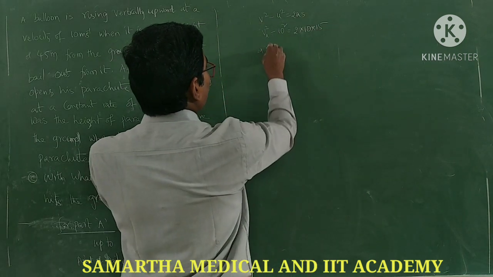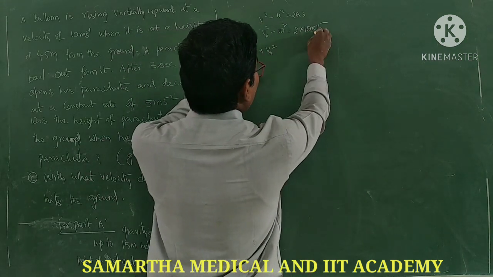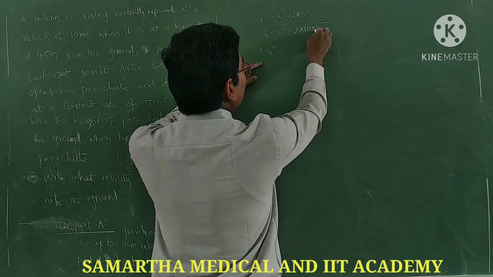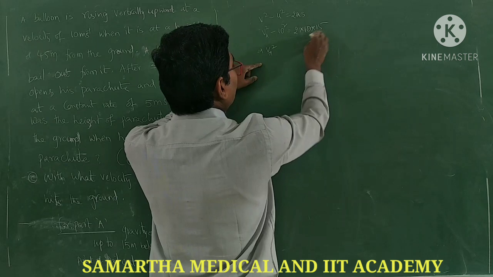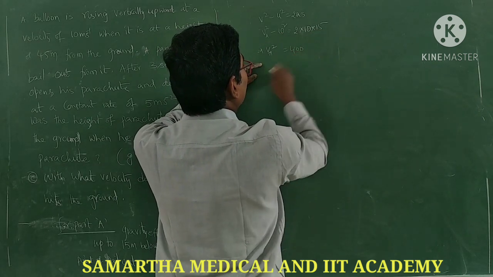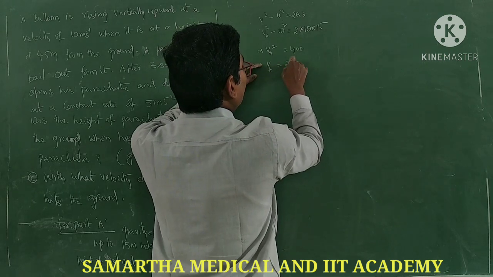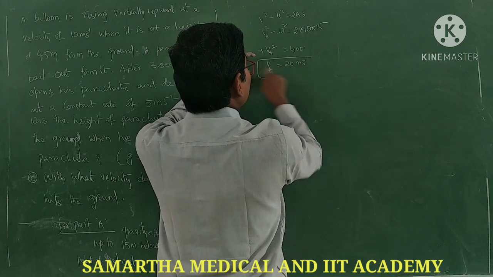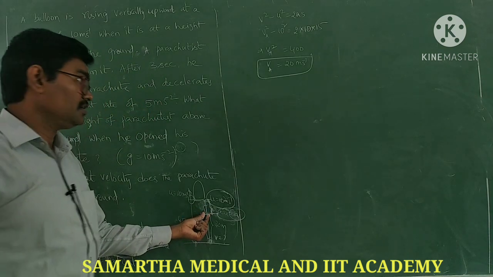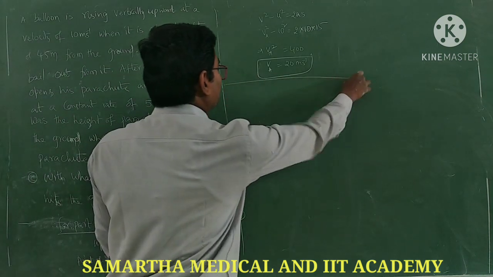So how much? VA square is equal to 100 plus 2 into 10 into 15, that is 300, plus 100, 400. So VA is equal to 20 meter per second. That is the speed it reaches at this point A. Okay, so that will be the initial velocity for the second case.